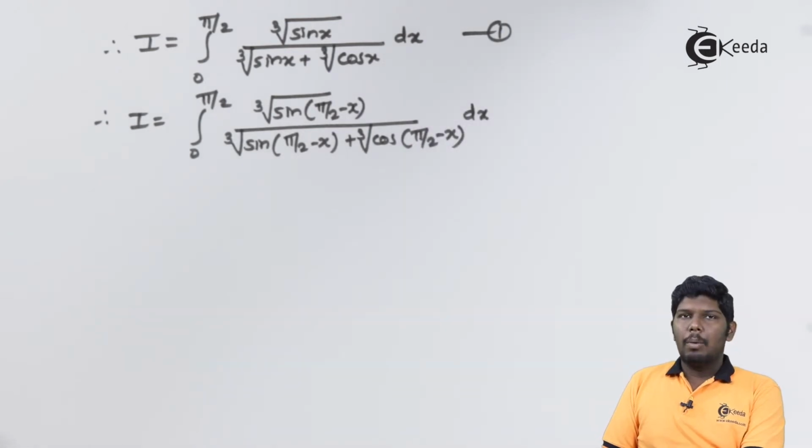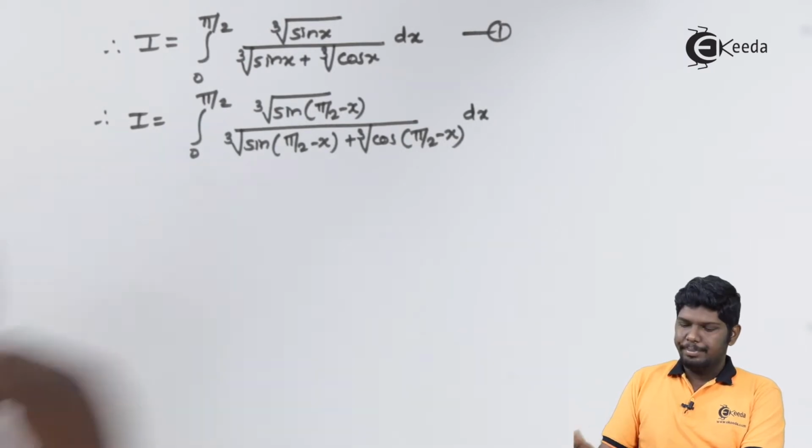After that, we can use the complementary angle formulas, as sine of pi by 2 minus theta is cos theta and cos of pi by 2 minus theta is sin theta.